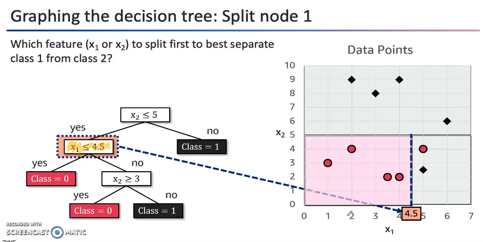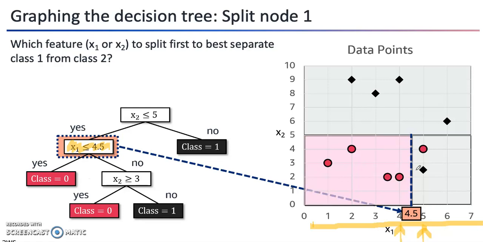That condition comes from looking at the horizontal axis and deciding that in the interval from 4 to 5 we may find a value that would serve as a threshold. In this case, the threshold was chosen as the middle of the interval between 4 and 5 for x1.